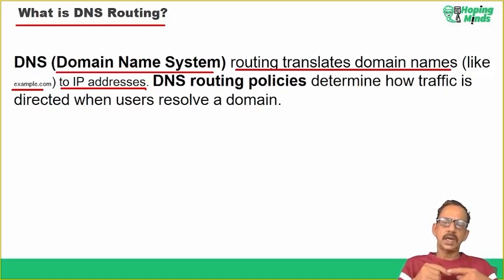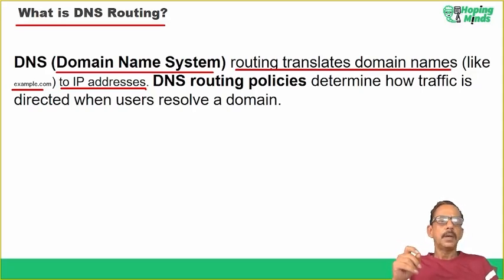We write something like xyz.com, which is a user-friendly name, but communication happens on the basis of IP. In a real scenario, you have millions of websites, so it is not possible to remember the IP of every one. In that case, DNS helps us resolve name to IP.